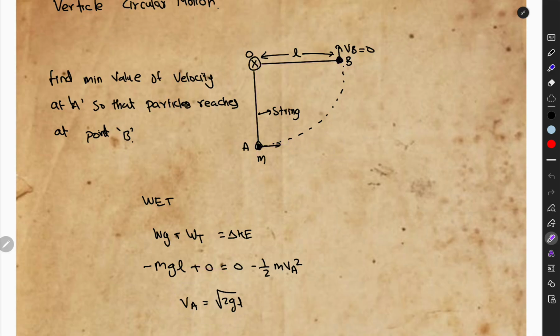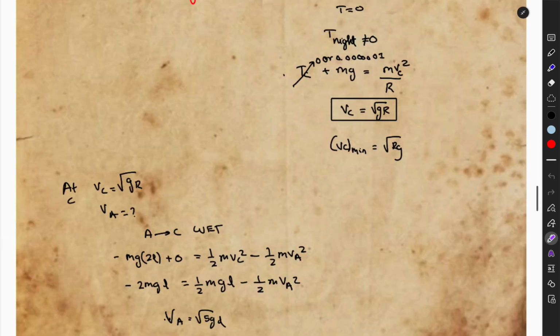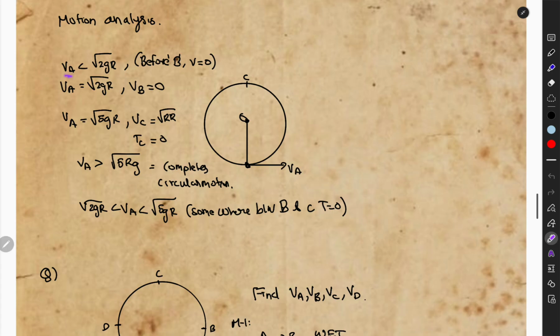Do you agree with me? So let's go back. What will happen when you supply less than root 2gL? Of course the velocity will come to zero before the point b. This is the point b. It will come to zero before the point b itself.